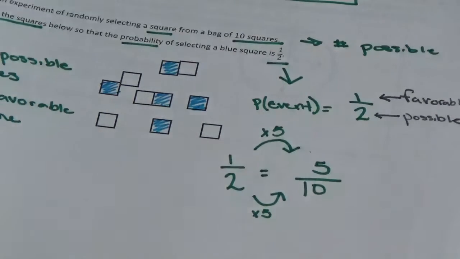Okay, so here we've done 2 steps. 1, identify the possible outcomes. 2, identify the favorable outcome.